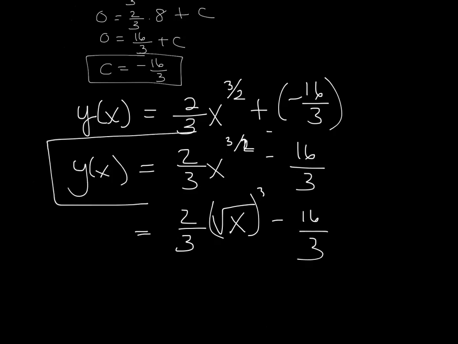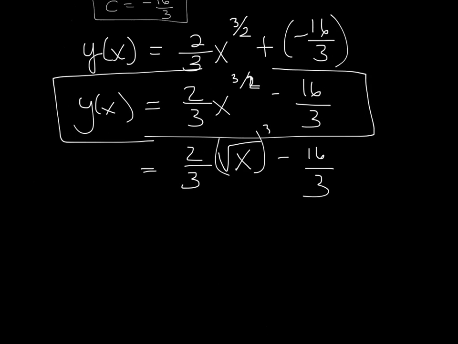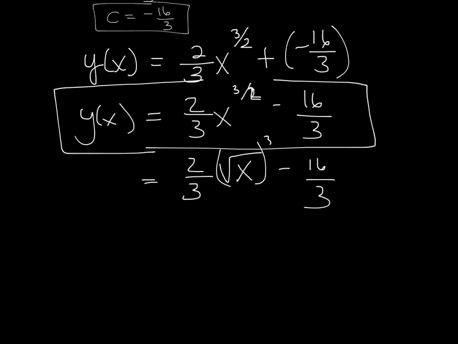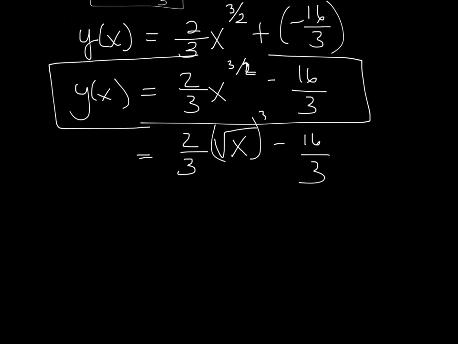This should be okay. So that's number 3 in your textbook. One last thing I want you to note is you can factor a third out of here if you'd like.